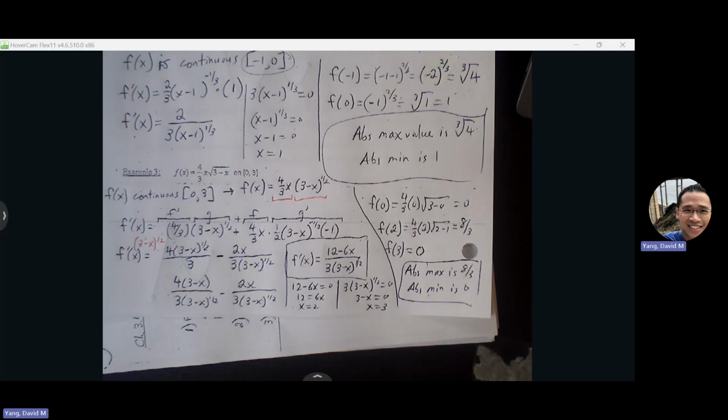And then make sure that all the critical points you find are valid critical points, that they land inside the interval. And then you're going to test your endpoints and then your valid critical points back into the original function. And then you're just looking at your y values. Highest y value is your absolute max. Lowest y value is your absolute min.